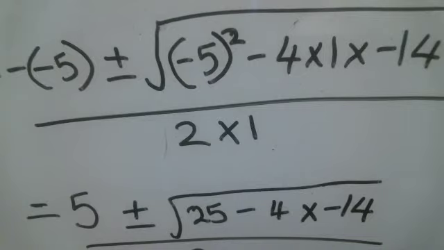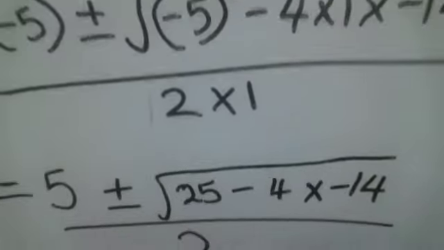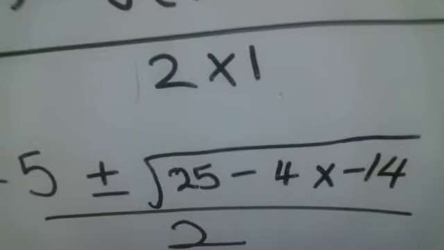Here we have minus 5 squared will give us plus 25. Here we have minus 4 times 1, which will give us 4. Minus 4 times minus 14, divided by 2.